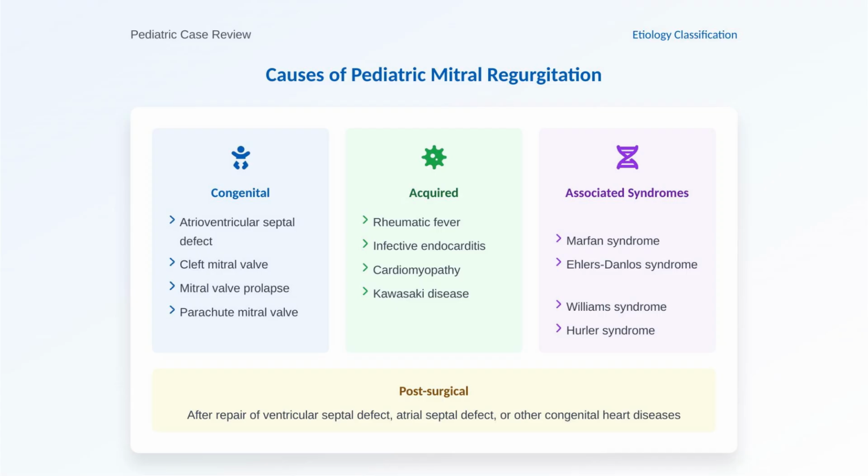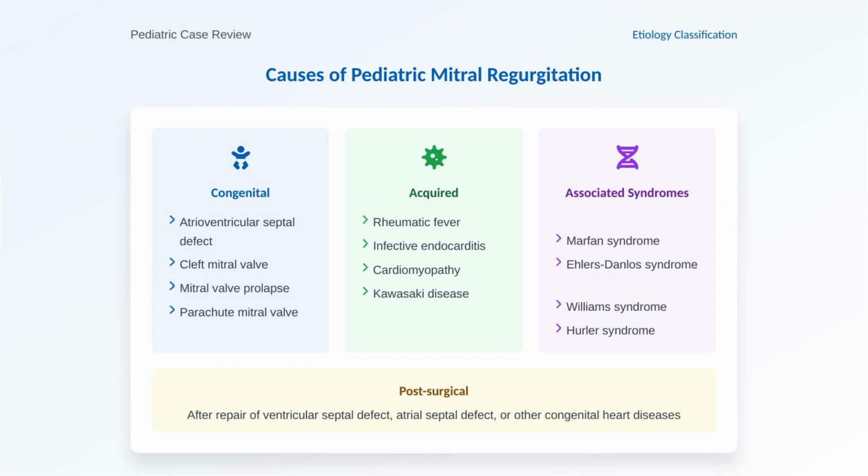Several genetic syndromes are associated with mitral valve dysfunction, including Marfan syndrome, Ehlers-Danlos syndrome, Williams syndrome, and Hurler syndrome. Additionally, mitral regurgitation can occur as a complication following surgical repair of other congenital heart defects like ventricular or atrial septal defects. Understanding these various etiologies is crucial for appropriate diagnosis, management, and prognostication in pediatric patients with mitral regurgitation.